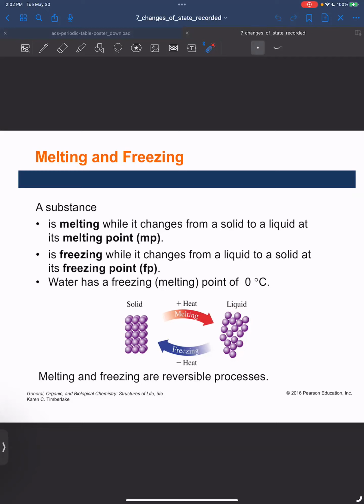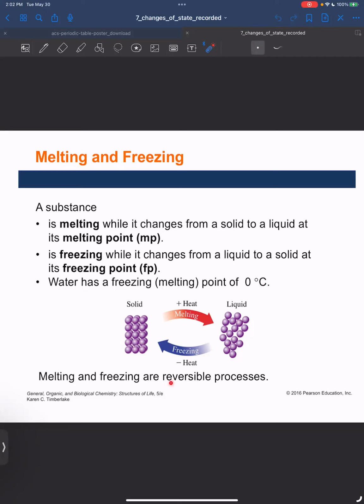The reverse can happen. You can have liquid water, but you have to remove heat energy. So remember, the negative sign means that heat energy is taken away, it's removed. And if we put that liquid water, let's say for example, in a freezer where it's really cold, the water will start freezing into solid ice at 0 degrees Celsius.